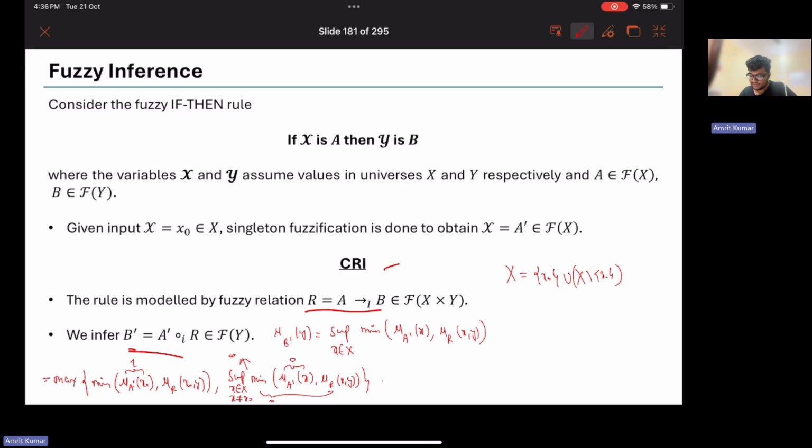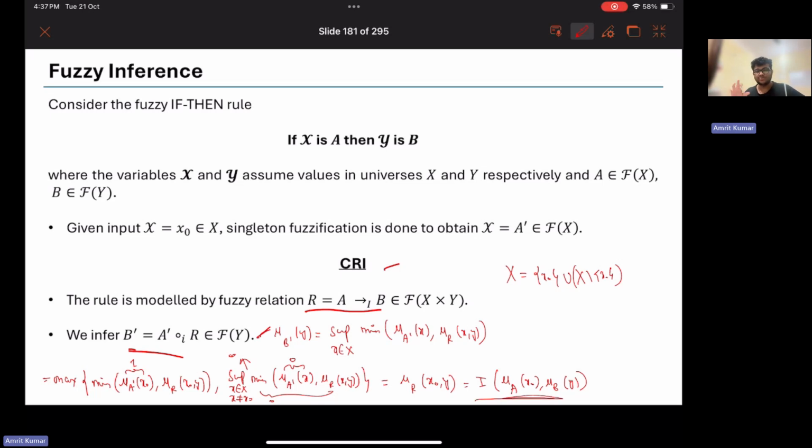And what would be the first term? It is the minimum of 1 comma mu R of x naught comma y. In other words, it's just mu R of x naught comma y. And therefore, this is what you end up getting. So in other words, your membership function of B dash has this nice expression.